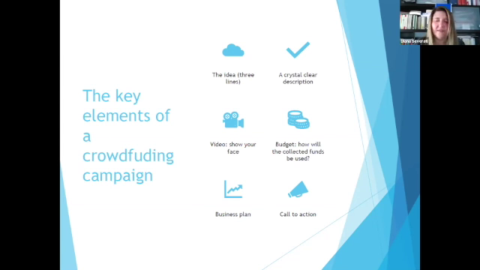The video is another important fundamental element. You have to show your face. The campaign is yours. It's not your consultant's or your collaborator's or something like that. It's yours. You have to put your face on the video. You need a budget. You need to have a clear plan of how the collected funds will be used and how many resources you need to run the campaign, because the campaign is not for free.